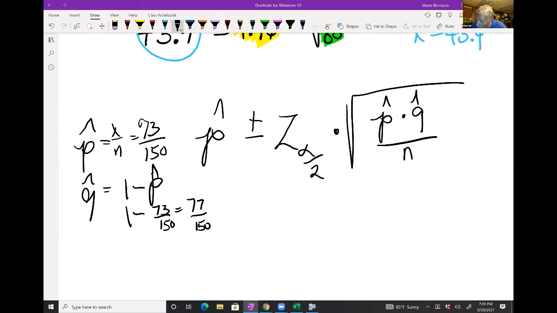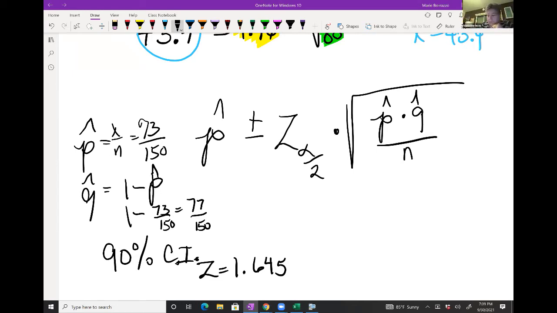The other thing they want is a 90% confidence interval. If that's the case, my critical Z is equal to 1.645.